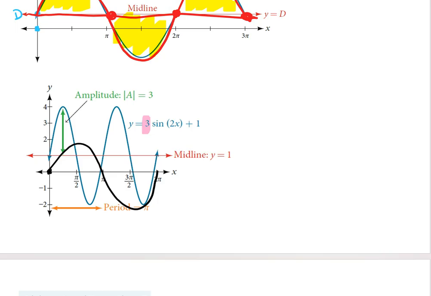That would be the original sine curve. You can see that this blue graph starts here, goes up 1, 2, 3. It's going up 3, and then it comes back down 3, goes down 3, comes back up 3.